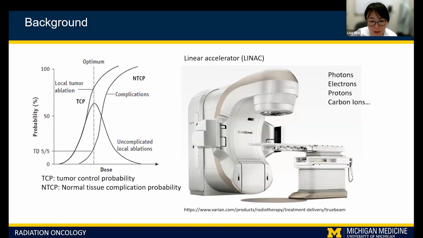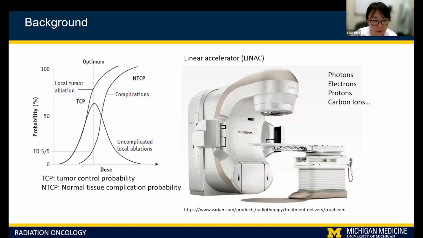In some institutions, there are also protons and carbon ions available for treatment. For UM, we only have photons and electrons. And this machine, as shown on the right, is a Varian TrueBeam linear accelerator, or LINAC.